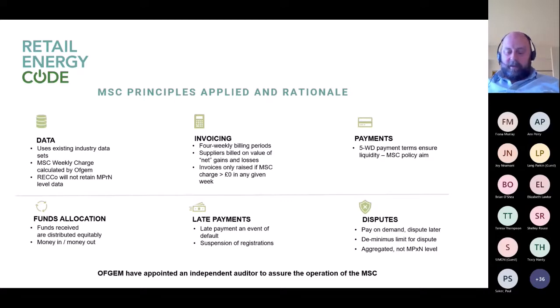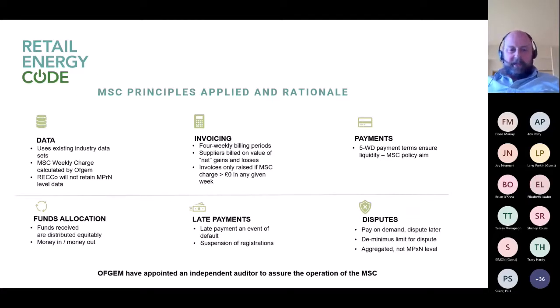That's consistent with other invoicing in the industry, such as the BSC, and there's certain energy invoices in gas, etc. That's a 5-day payment term, and the DCC as well. So hopefully that's not without precedent, and you can appreciate why we've expedited that.